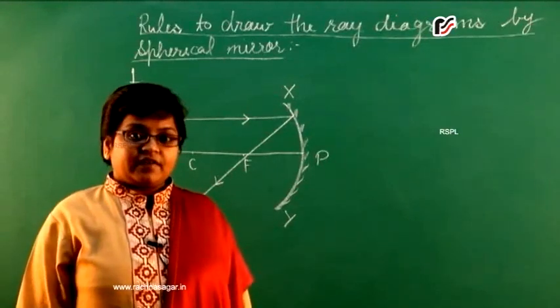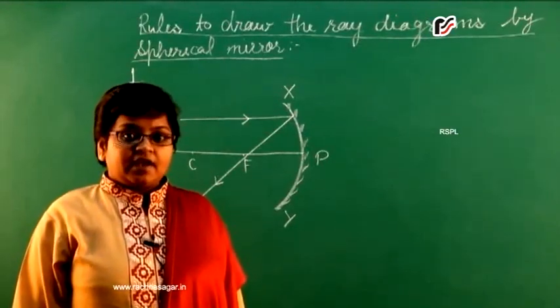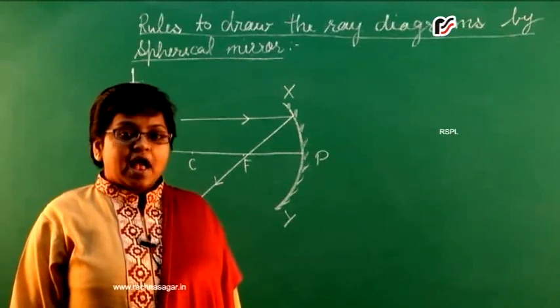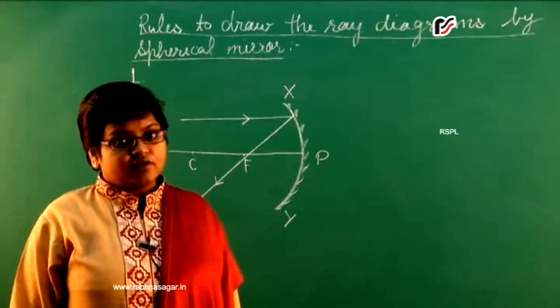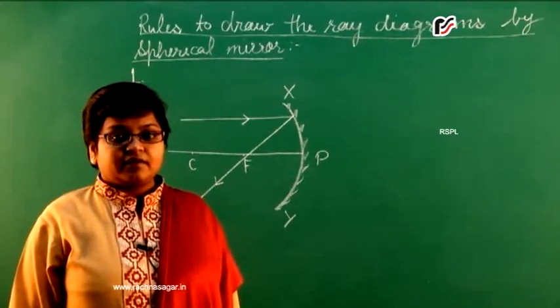In case of a convex mirror, the ray after reflection appears to diverge from the principal focus of the convex mirror.